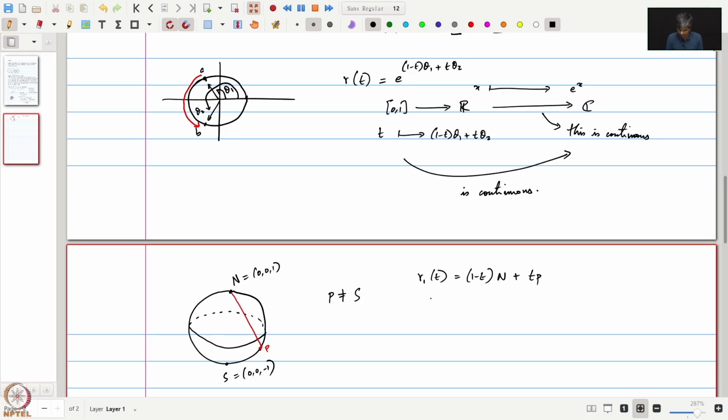So we have to make this lie on the sphere. For that, note that 0, the origin, does not lie on the straight line.